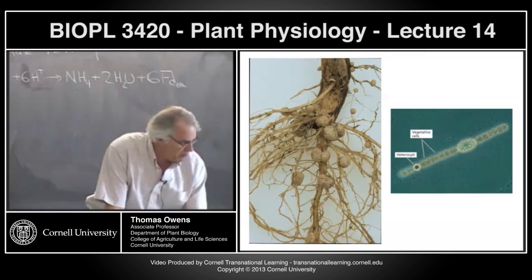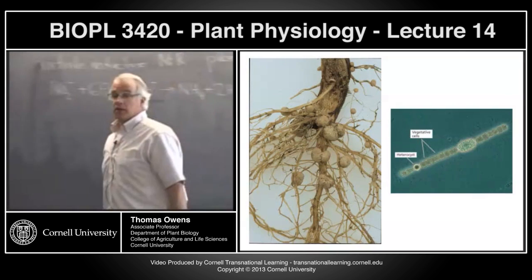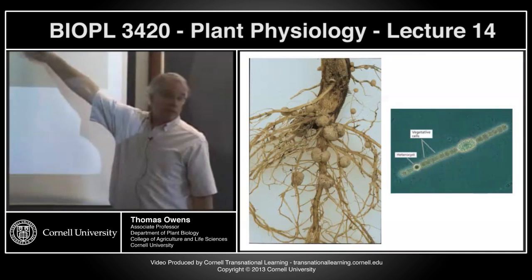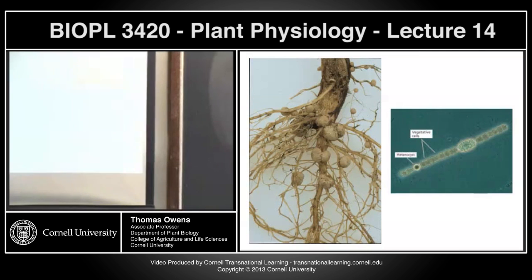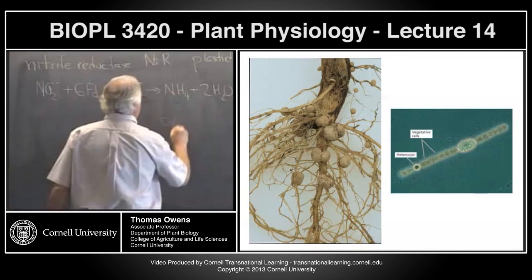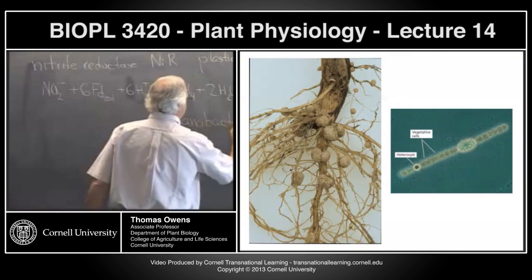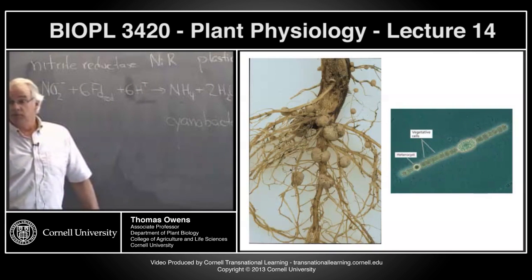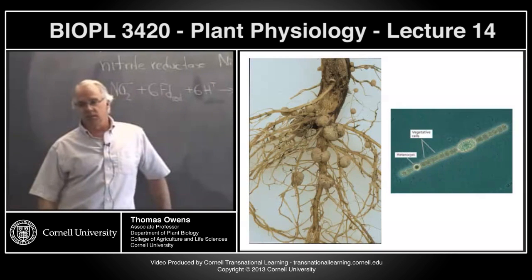There are two basic types of situations where nitrogen fixation occurs. One very interesting one is in cyanobacteria, blue-green algae. These are photosynthetic prokaryotes that do oxygenic photosynthesis just like plants do.